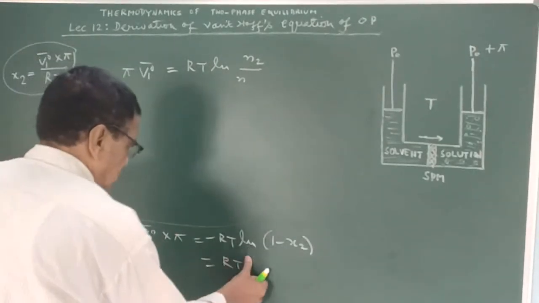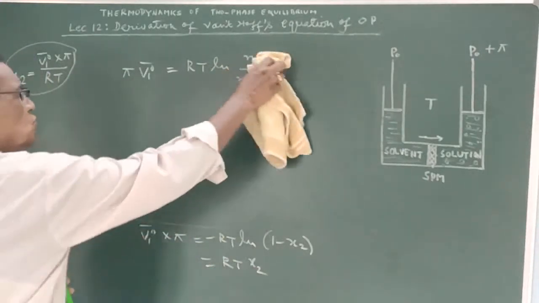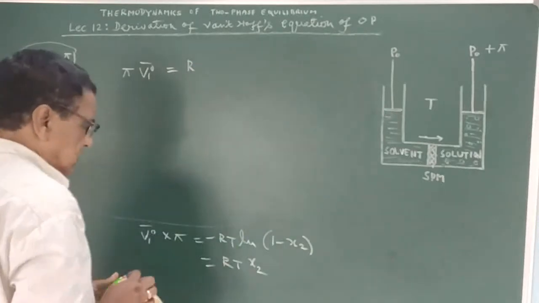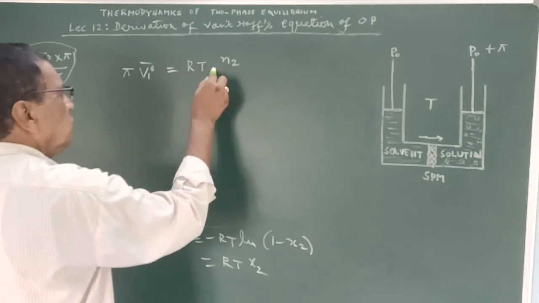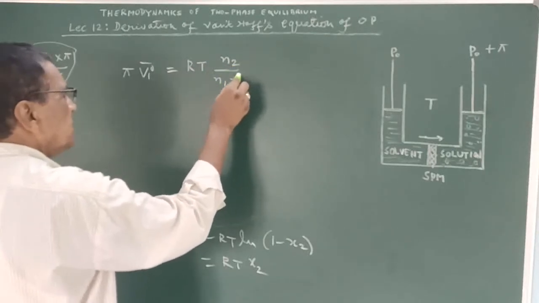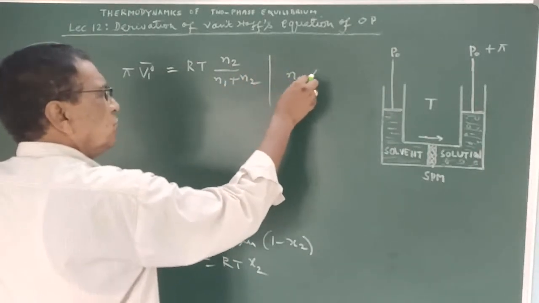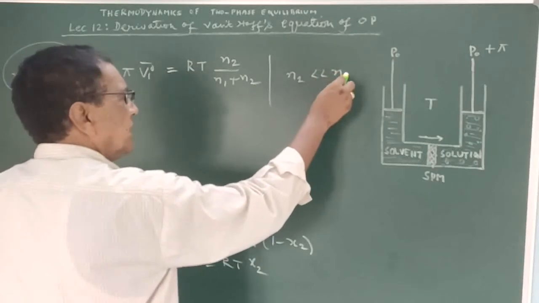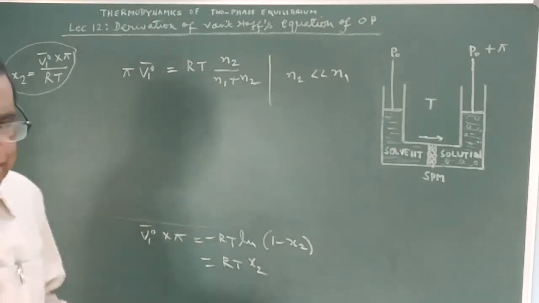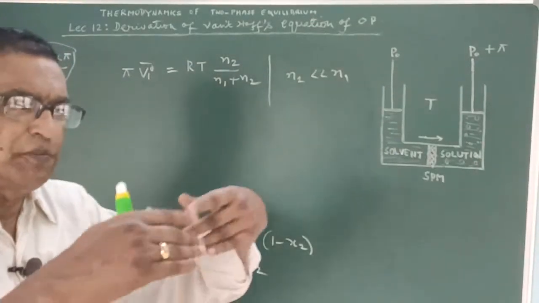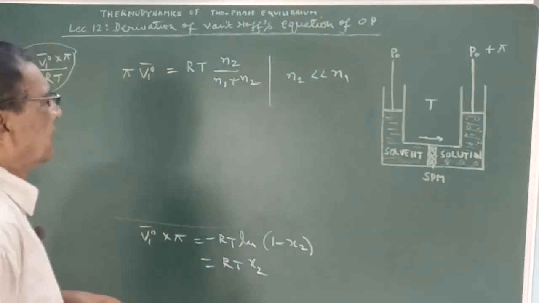This is only x2, and if we split up this x2, then RT and here N2 divided by N1 plus N2. Again, for this dilute solution, N2 is much smaller than N1, so approximately, it is an approximation. The former two were assumptions, and this is an approximation.